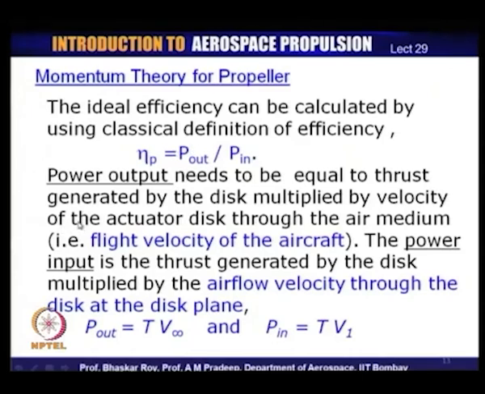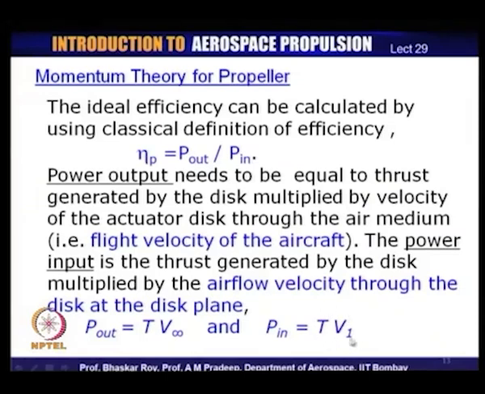So, if we write them down, we will find that power output is thrust into V infinity, the velocity with which the whole aircraft is flying, which we have taken as the far upstream velocity, and power input is the activation power, which is the thrust created by the actuator disk into the velocity through the actuator disk.